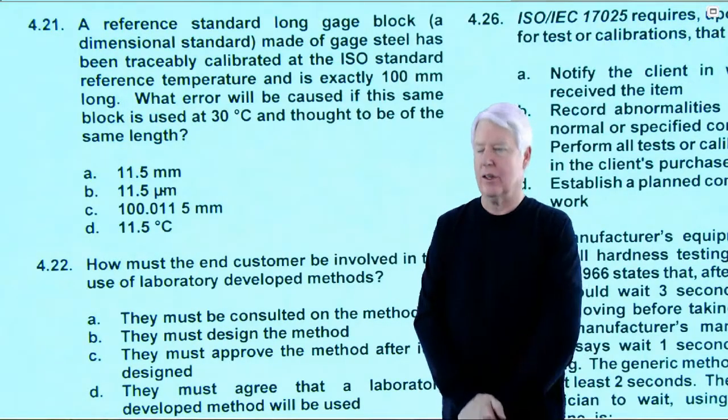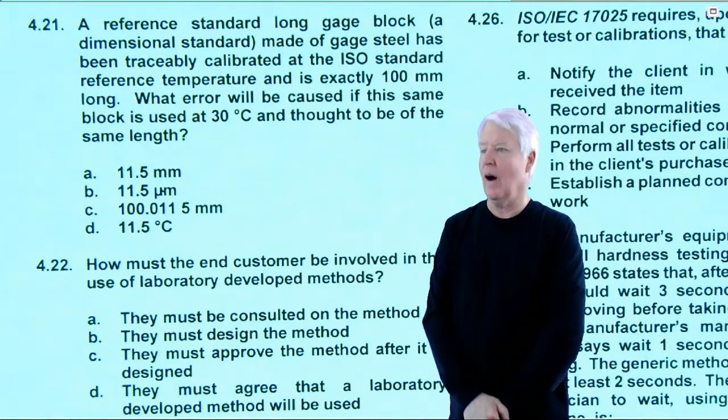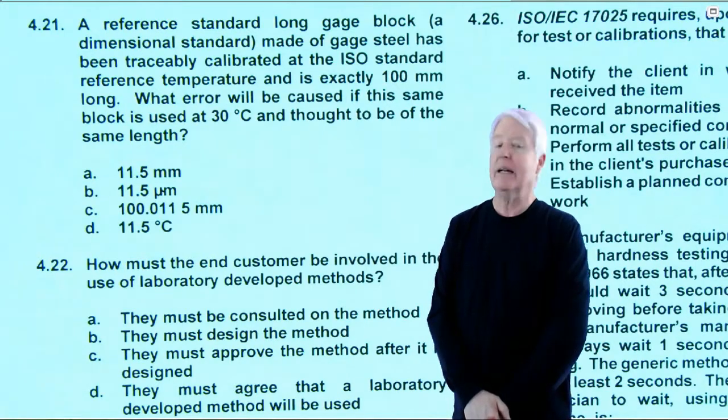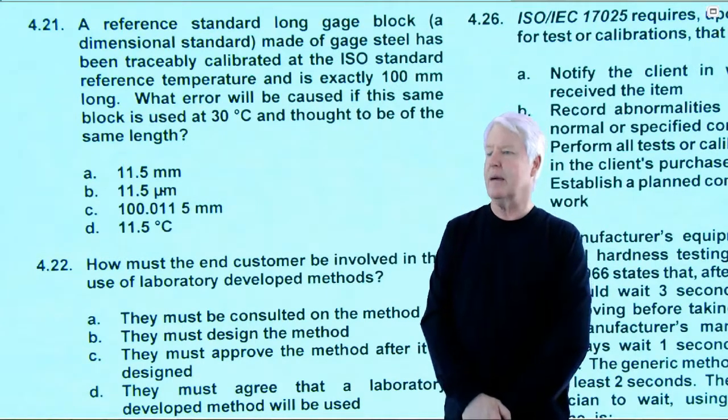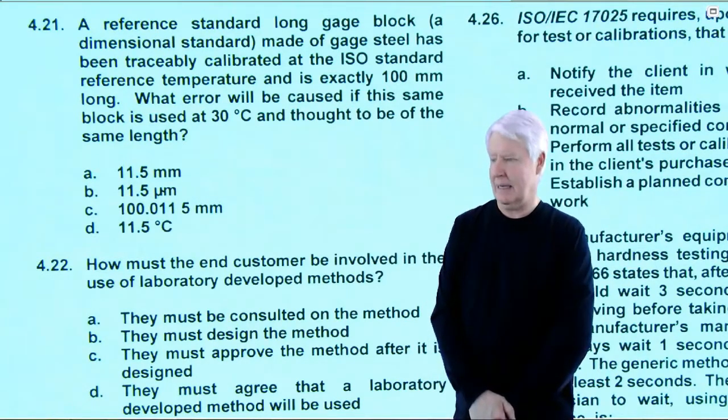Here we are at question 21, a reference standard long gauge block, a dimensional standard, made of gauge steel, has been traceably calibrated at ISO standard reference temperature and is exactly 100 millimeters long. Okay. What error will be caused if this same block is used at 30 degrees Celsius and thought to be of the same length?